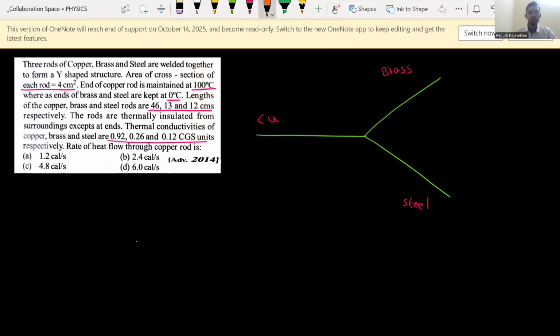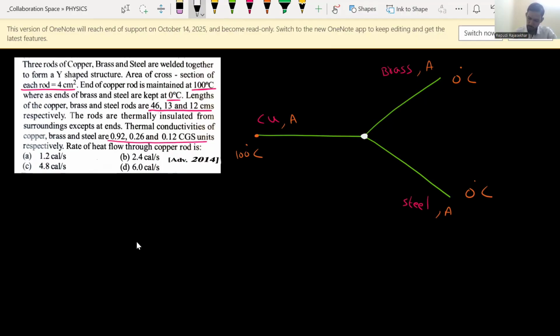So with different colors, I'll write the data. Area of cross section is the same. So area is A, area A, here also A. Now, one end temperature. Here the temperature of copper is 100 degrees centigrade. Here 0 degrees centigrade. Here 0 degrees centigrade. And junction temperature. Here this is the junction.